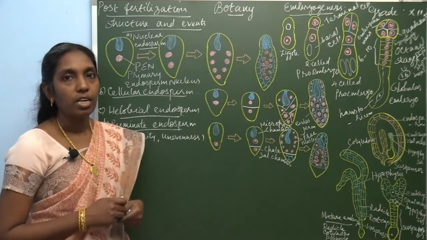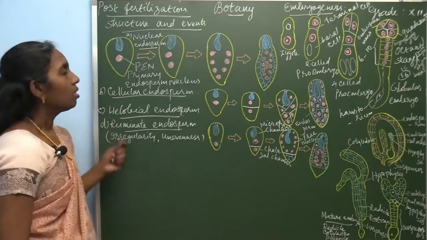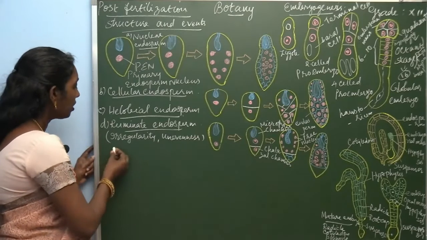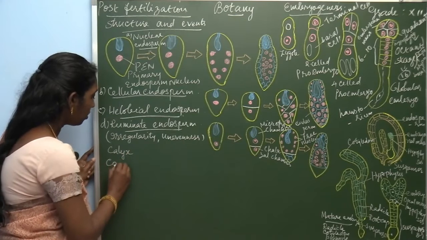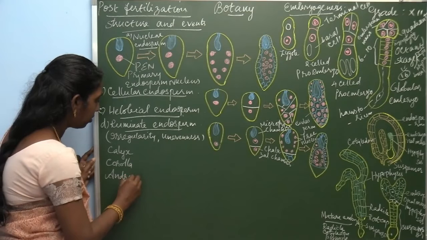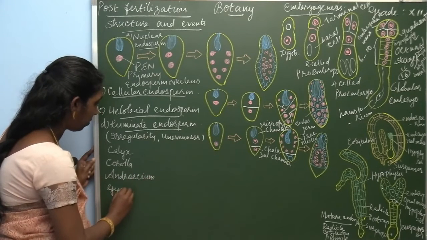What are the changes taking place? Let's study in detail. The floral parts have 4 different whorls: calyx, corolla, androecium and gynoecium.